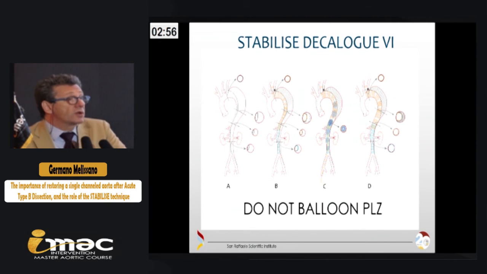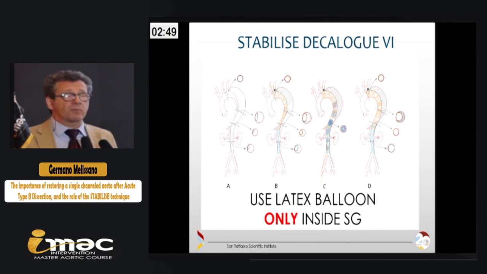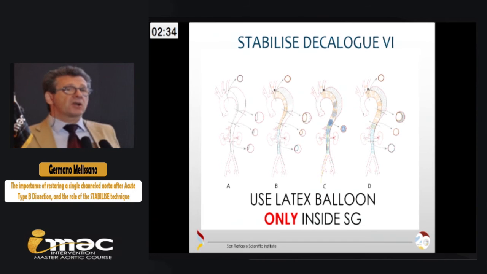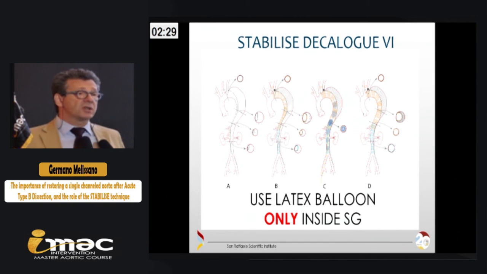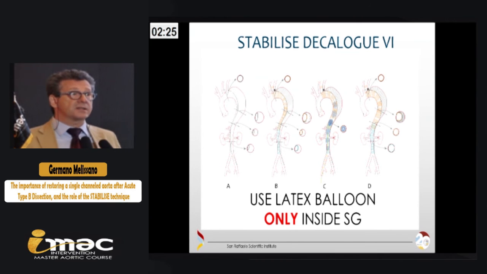We never balloon the proximal landing zone, and this is the most important tip, the most important precaution that I strongly recommend you to follow. Use a latex balloon such as a coda or a trilobe only inside the cover stent graft, because inside the stent graft the maximum diameter that the balloon will reach is the diameter of the stent graft. So you are protected, you are safe.